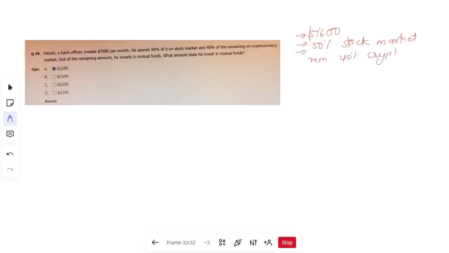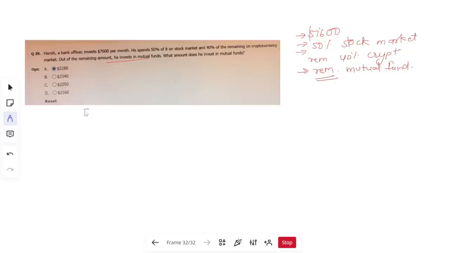And then out of the remaining amount, he invests in mutual fund. So whatever is remaining at the end, he is investing in mutual fund. So we have to find out what is the fund that is remaining at the end. So after reducing all the amounts, whatever is left at the end will be our final answer. Let's see how we will solve it.